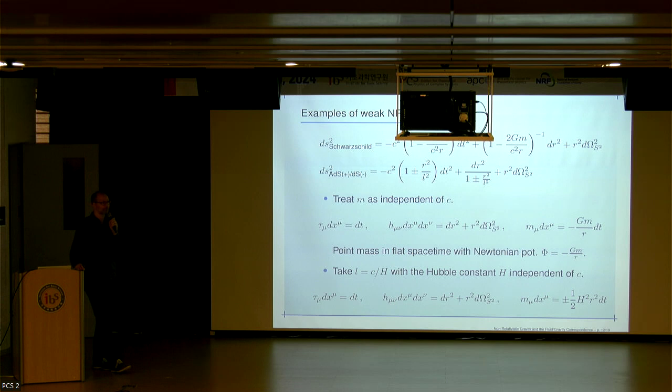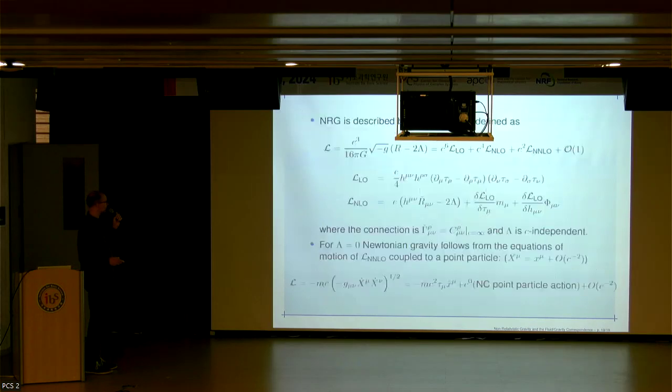You mentioned that Newtonian gravity is obtained from the next to leading order term in the action. What are the equations of motion of the leading and the next to leading order? This is terminology that we introduced back in the day, but I actually think that the leading order theory should be thought of as an action for constraints only, because the only equation you get from it is that the clock form must be hypersurface orthogonal.